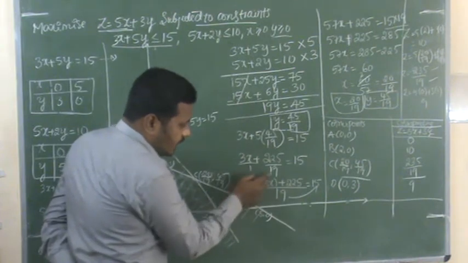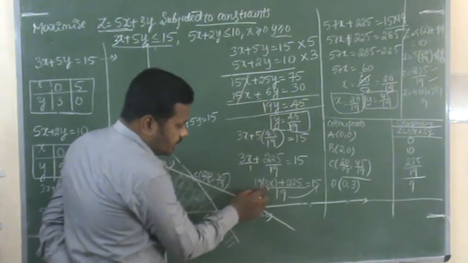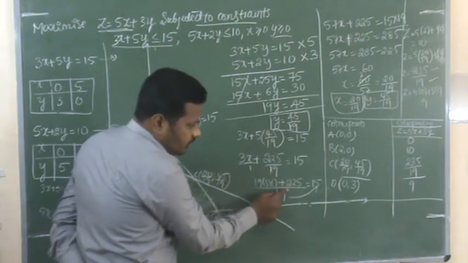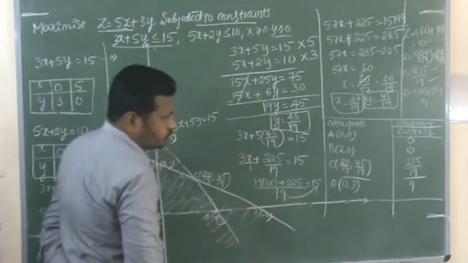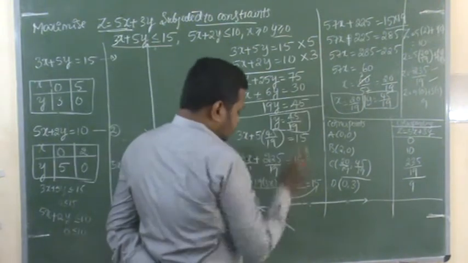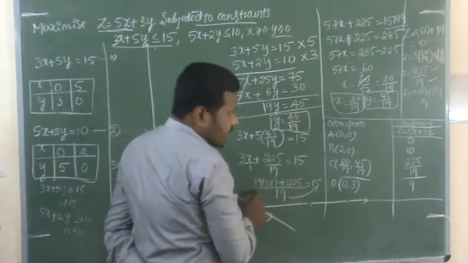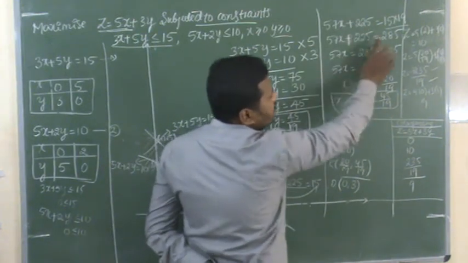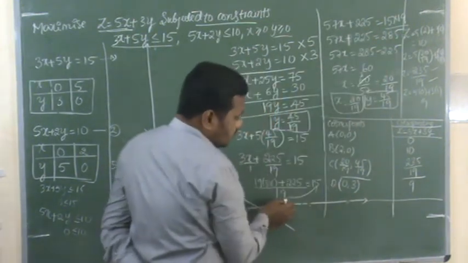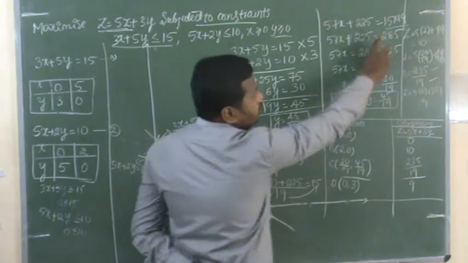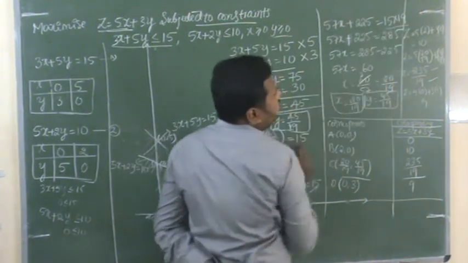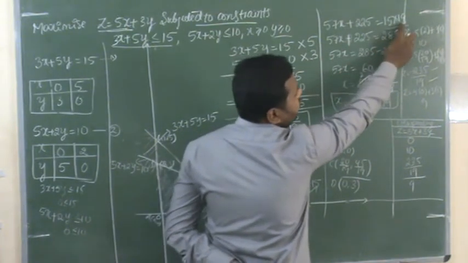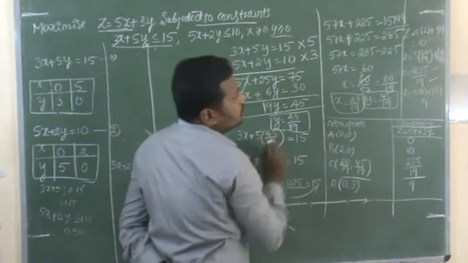Next, taking the LCM, 19 into 3x is 57x, plus 225 is equal to 15 into 19, moving the 19 to the right-hand side. Now 57x plus 225 is equal to 15 times 19, which is 285.